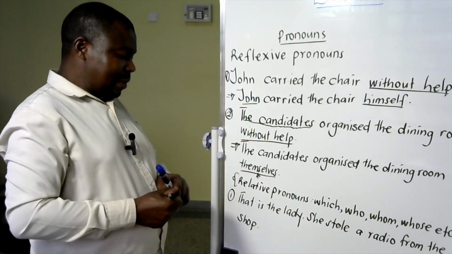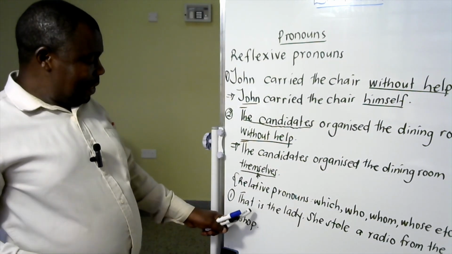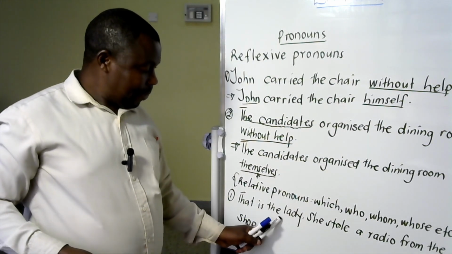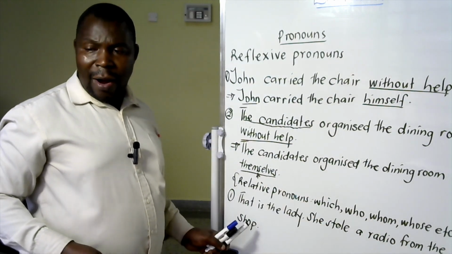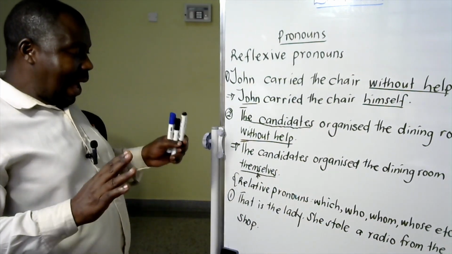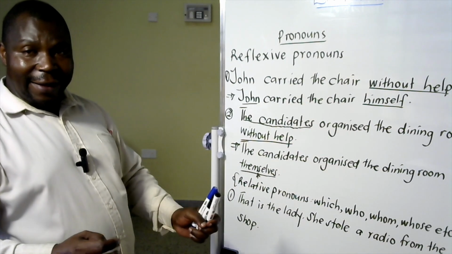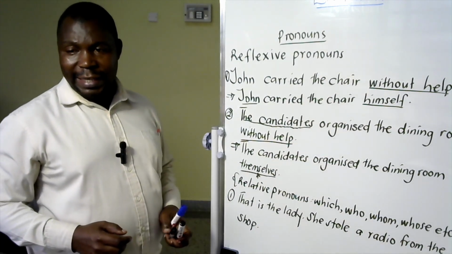Now look here. When you look at this statement, it says, this is the lady. She stole a radio from the shop. Now I want us to identify where the pronoun is in this sentence.